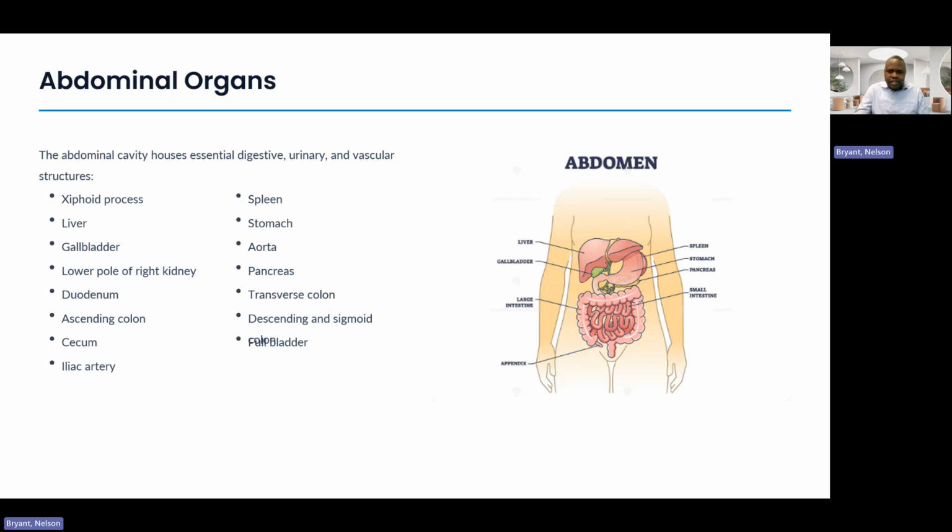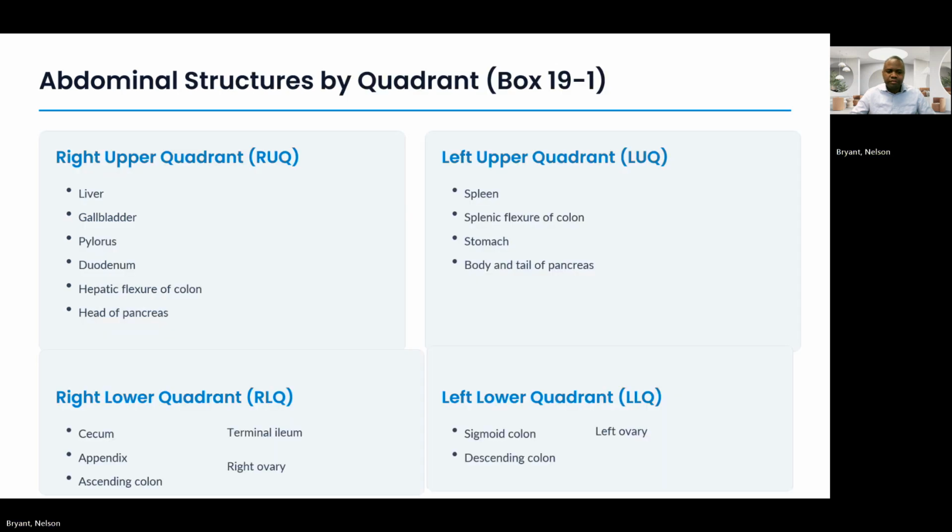The descending aorta runs centrally, and the intestines occupy much of the lower quadrants, as you can see on that image. So knowing the three-dimensional layout of these structures is very essential when performing palpation and then percussion, allowing you to interpret the clinical significance of any tenderness or masses that you may notice.